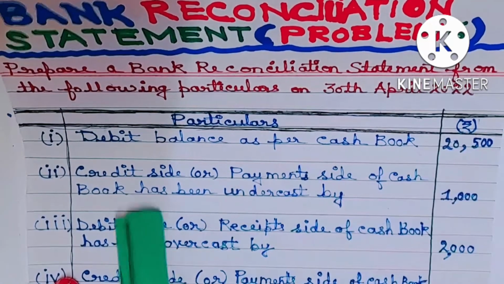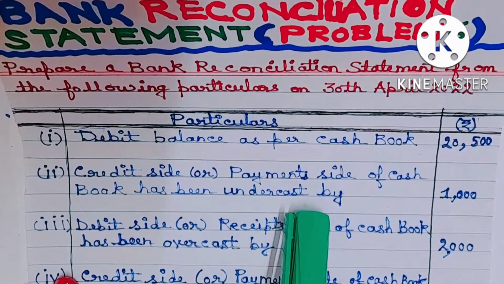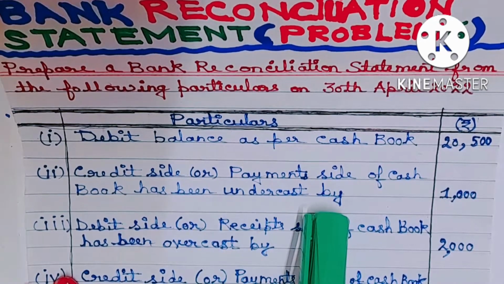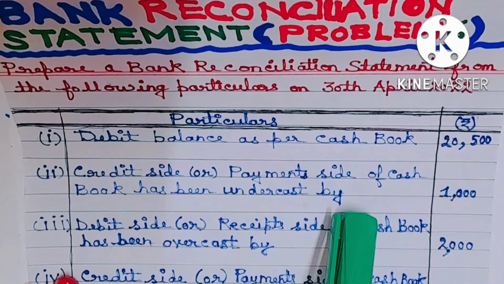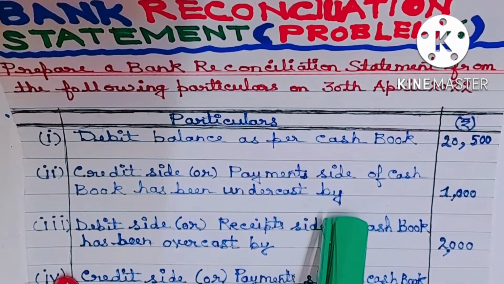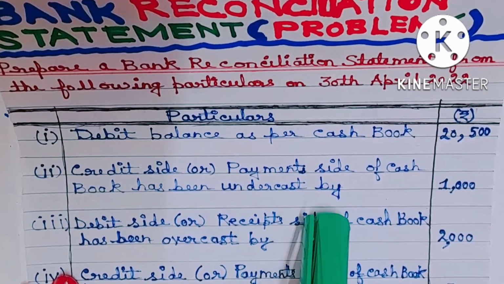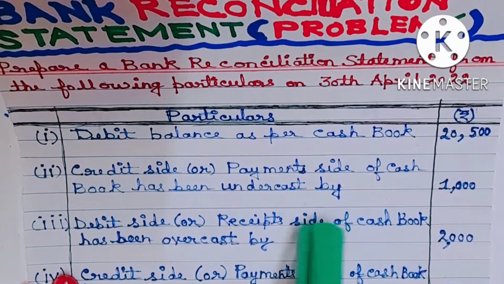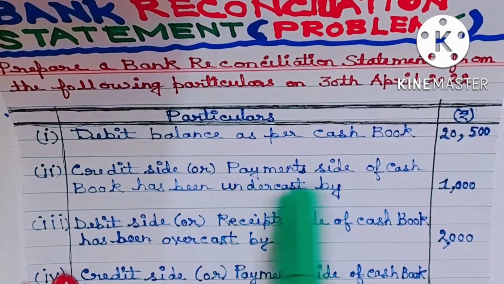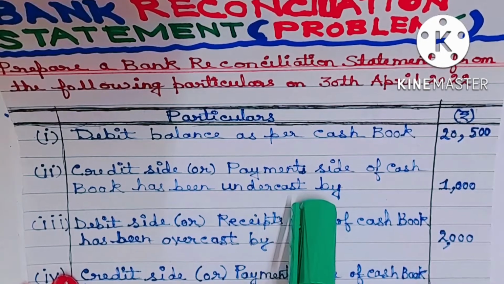Now, what is undercast or undercasting? Undercasting means the total of a side has been totaled short or less than the actual value. Undercast is a type of totaling error. Here the total of credit side or payment side of cash book has been undercast, meaning written less.